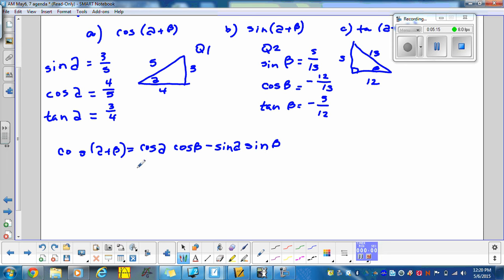So for the cosine of alpha plus beta, I'm going to use these values here. The cosine of alpha is 4/5 times the cosine of beta, which is negative 12/13, minus the sine of alpha, which is 3/5, times the sine of beta, which is 5/13.